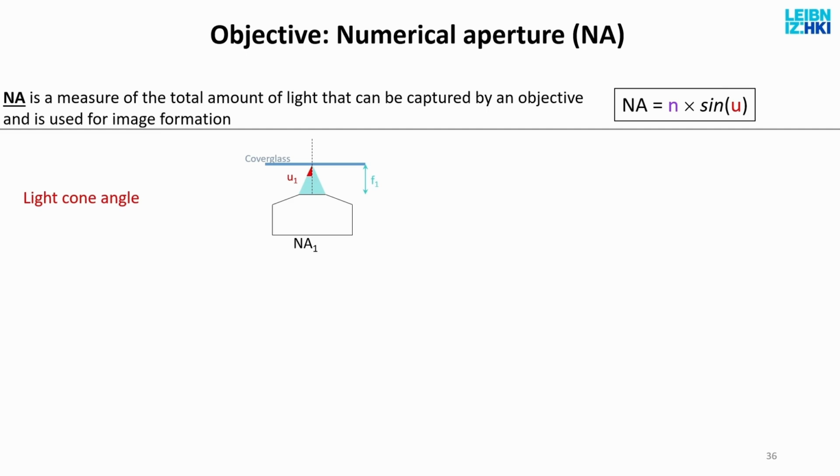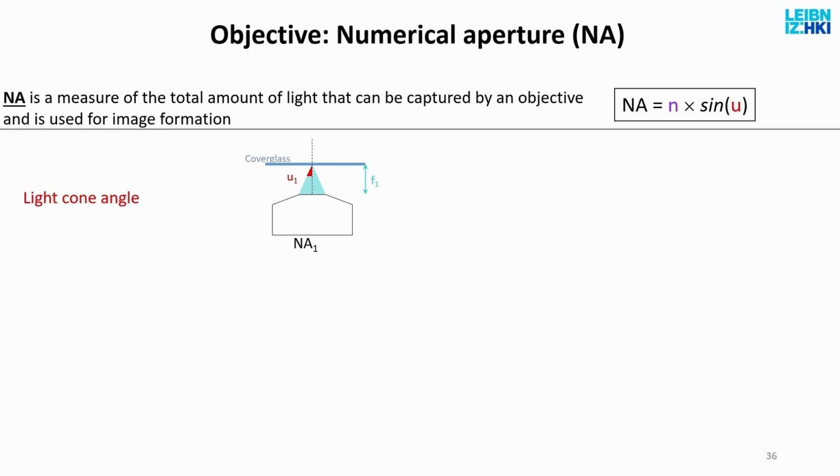Then the light that can enter the lens is determined by the size of the front lens and by the distance between the lens and the cover glass. And you remember when I mentioned a short while ago that the focal distance of the microscope lenses has to be short, because I want to keep this hole as wide as possible, so I gather as much light as possible.